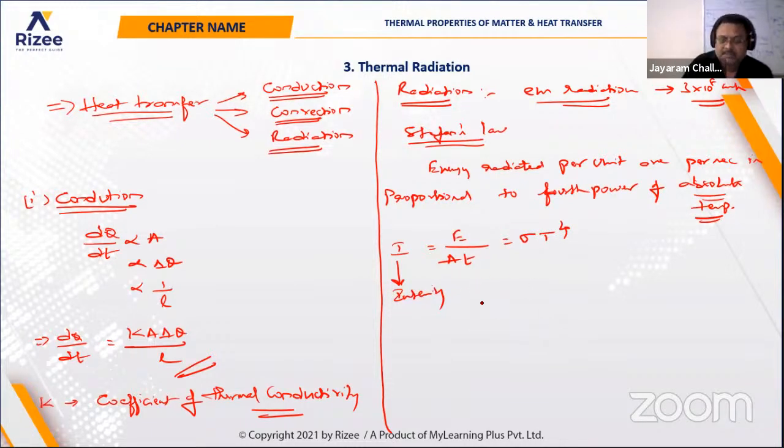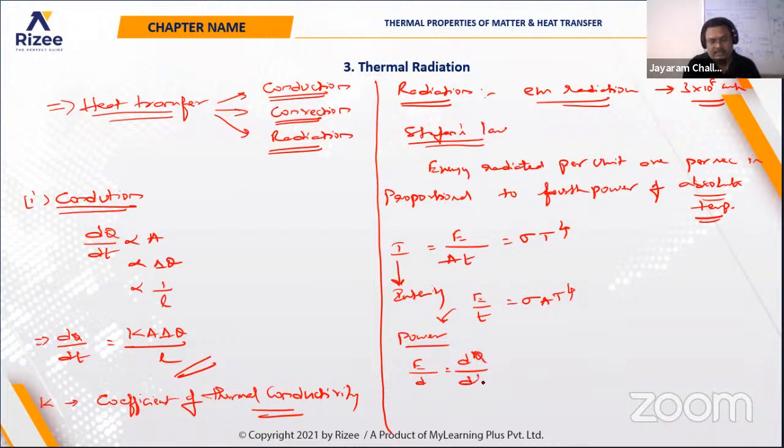So from this one, E by t is equal to sigma A T power 4, where E by t is the power. I'm just expanding this: E by t is equal to the rate of heat, that is dQ by dt, equal to sigma A T power 4.